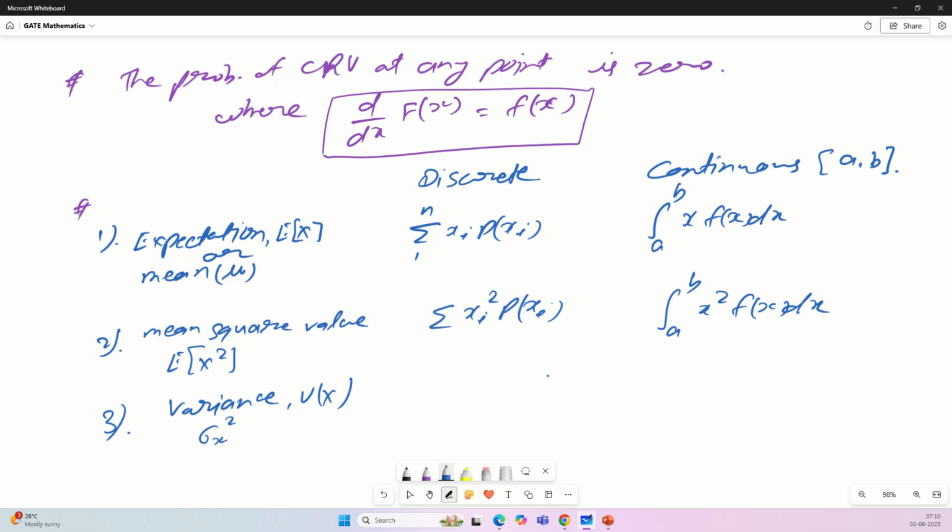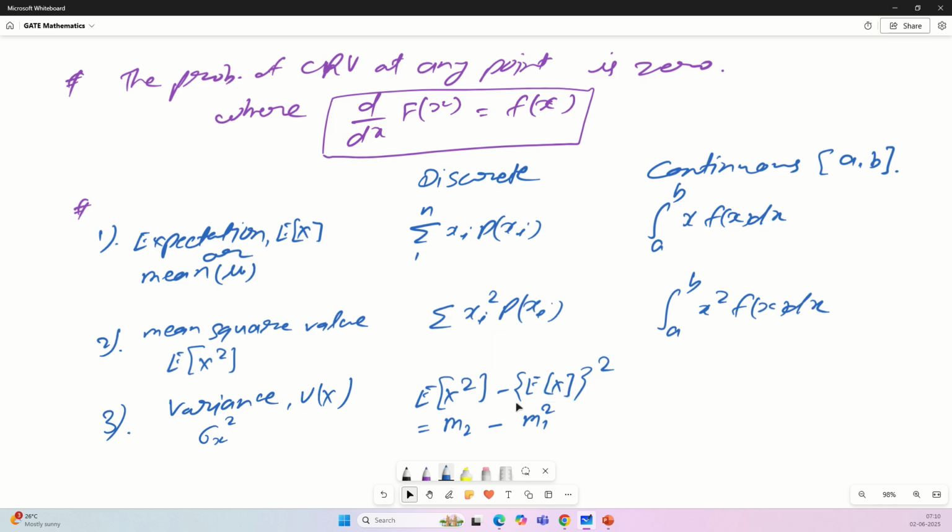It can be found out as expectation of x square minus expectation of x whole square.